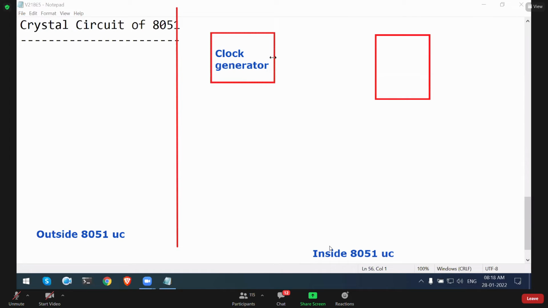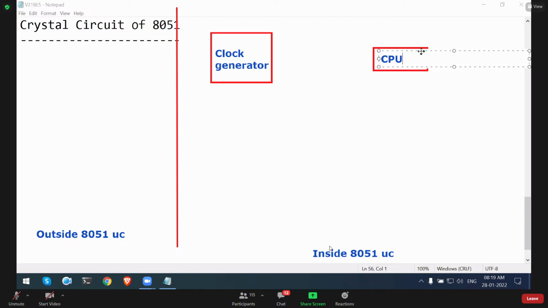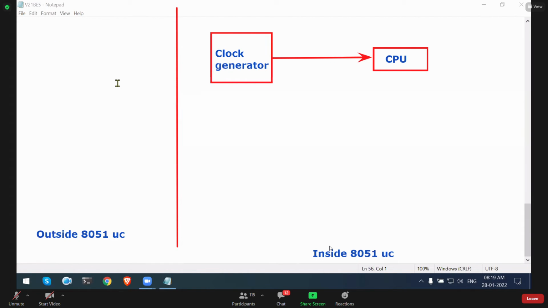But this clock generator will not generate clock pulses by itself. This clock generator needs oscillations from outside. The role of this clock generator is to provide clock pulses to the CPU, but it will not generate the clock pulses by itself.